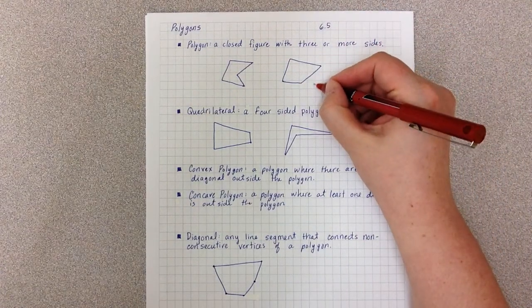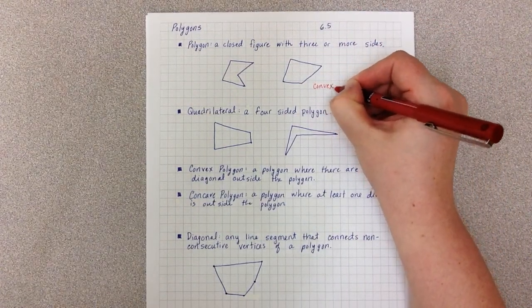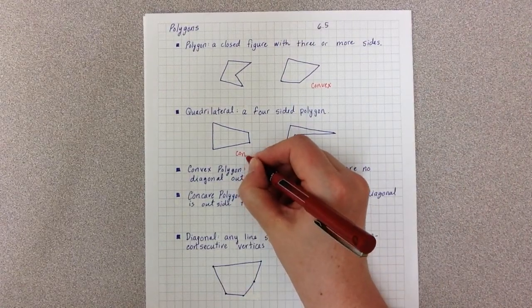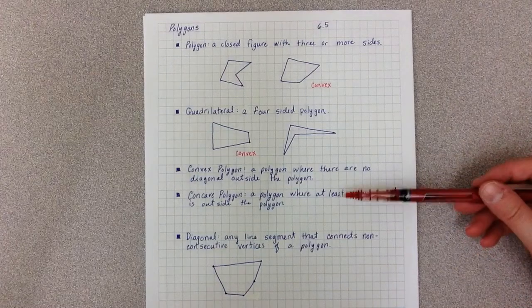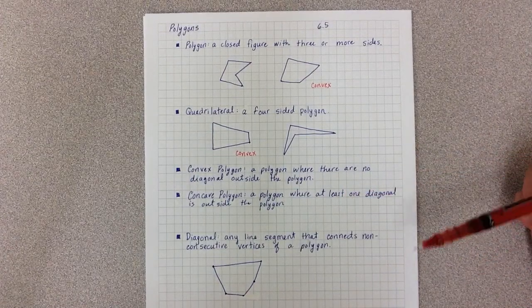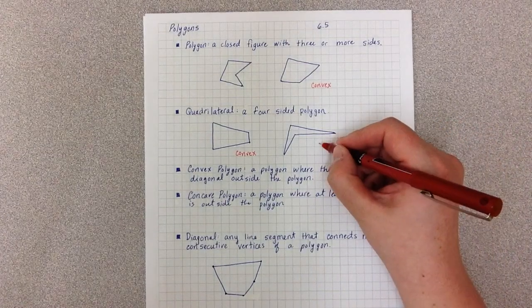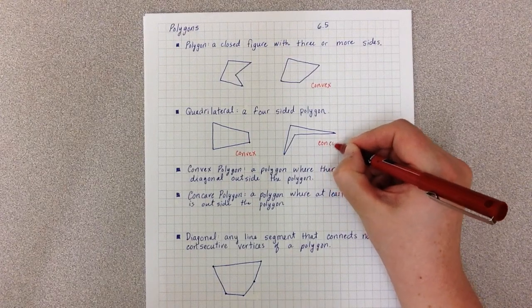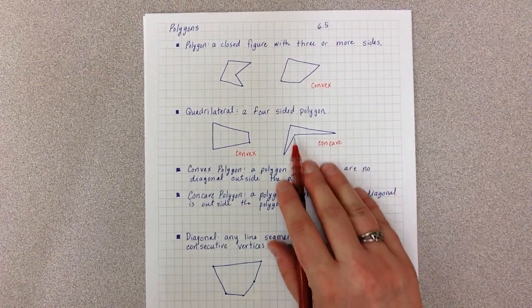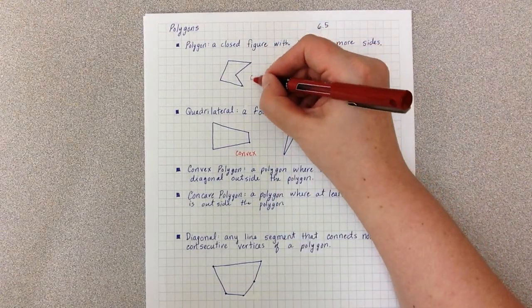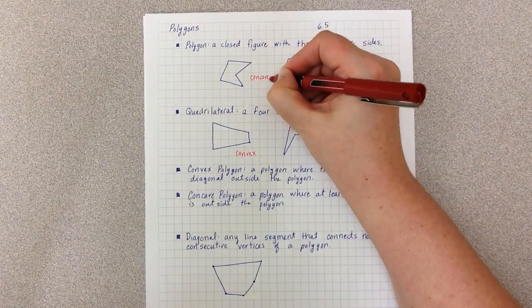So this is a convex polygon, and this is a convex quadrilateral. And then you have the concave, where at least one diagonal is outside the polygon. So this is a concave, caved in. There's a side that's caved in. And this one is also a concave.